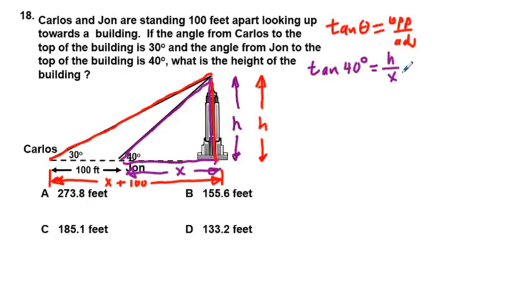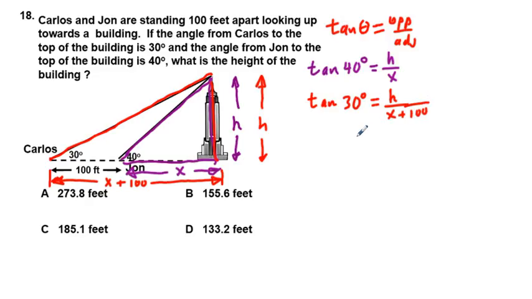That's John's equation. Then I'm going to color code and make an equation for Carlos. That's the tangent of the other angle, 30 degrees, equals the height, but this time divided by x plus 100.